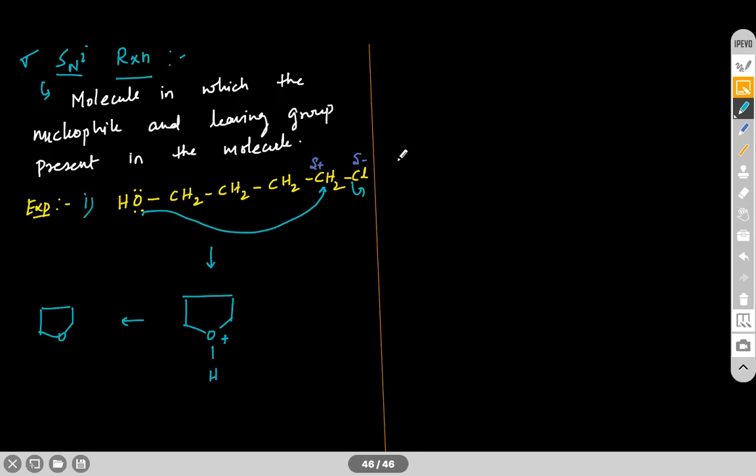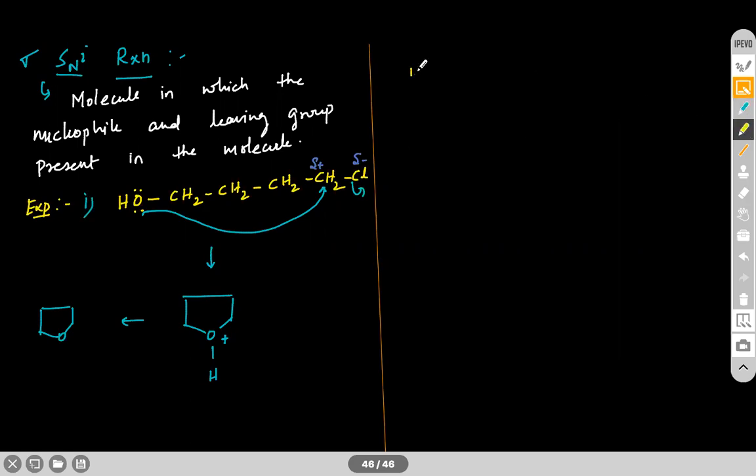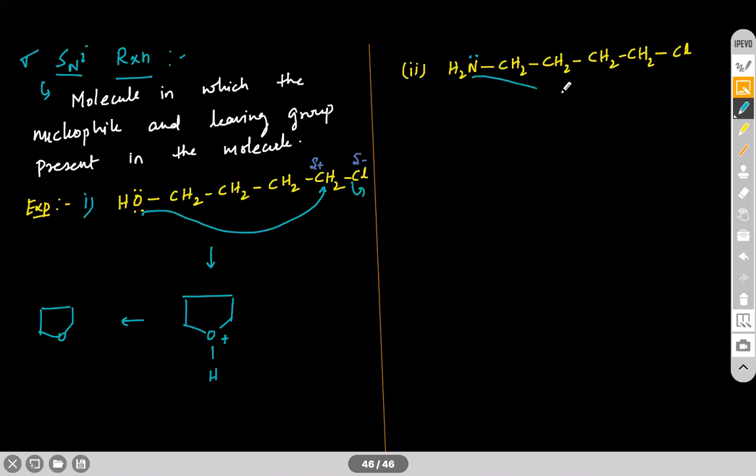Another example you can take for this, like instead of OH, if you have NH2 present, okay. So for example, okay, this lone pair attacks onto this carbon atom and this goes out.